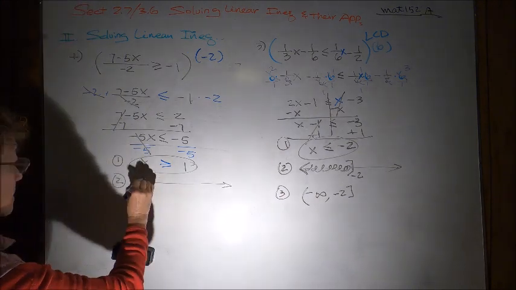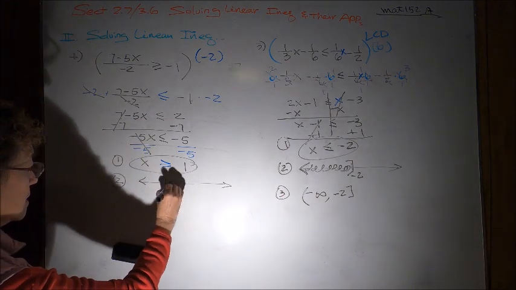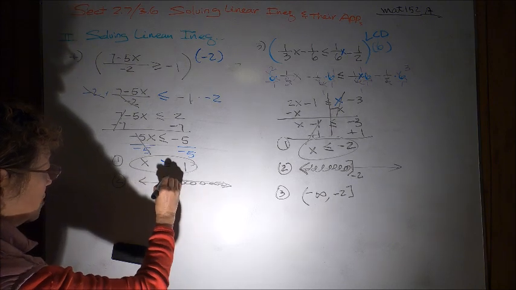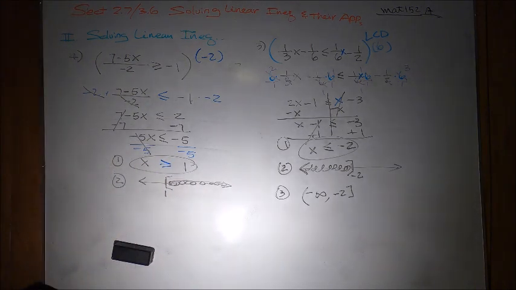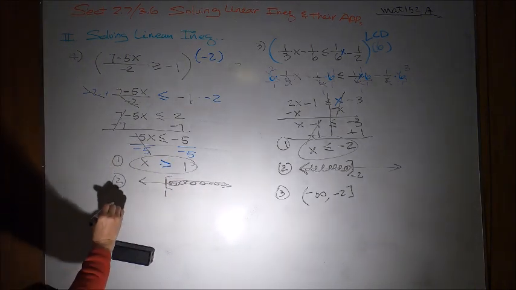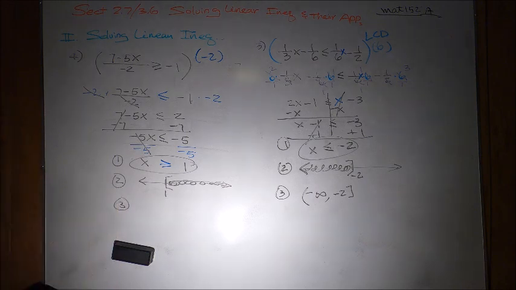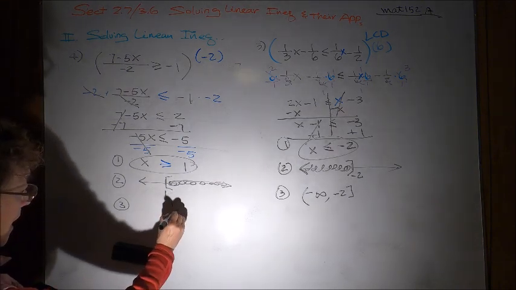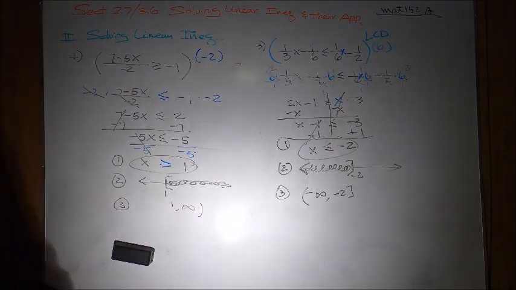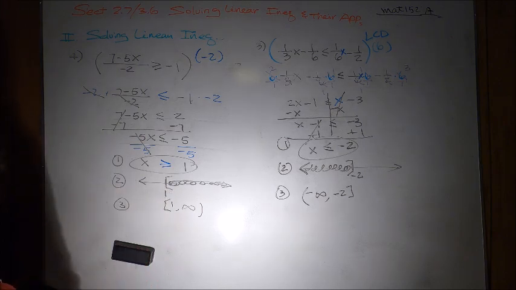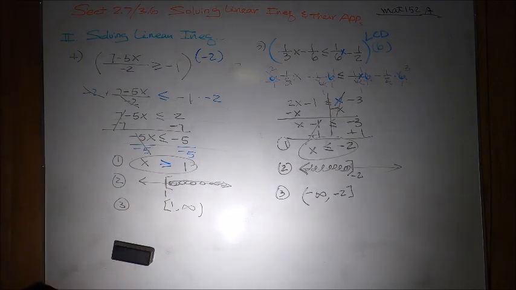By graphing. So that's x bigger than or equal to 1 on the right with a bracket, right? Then the next one would be what? Using interval notation. So that would be from 1 to infinity, with the bracket. Are we good?